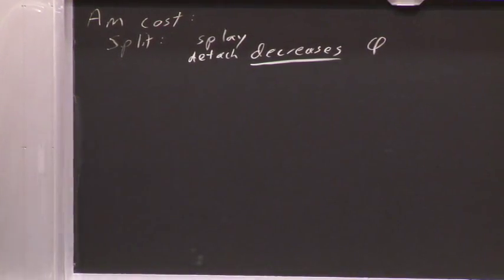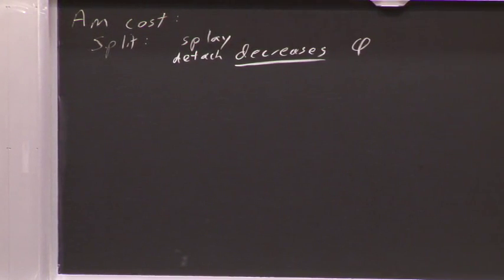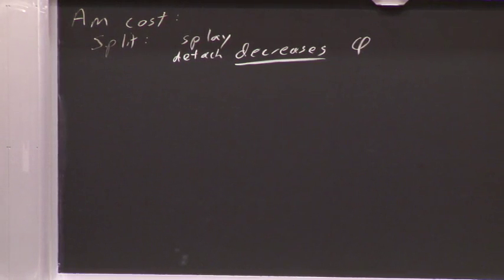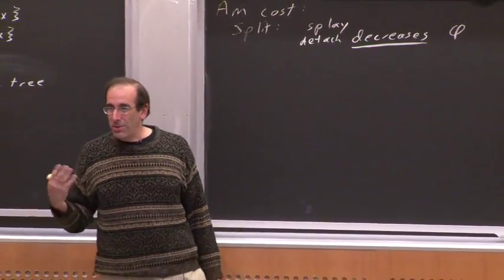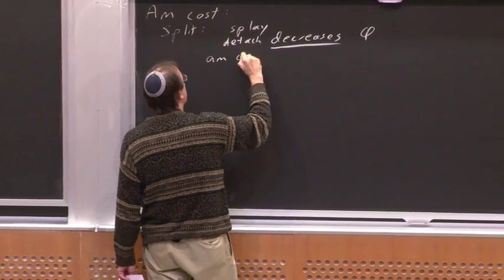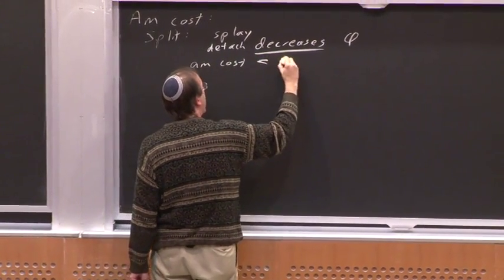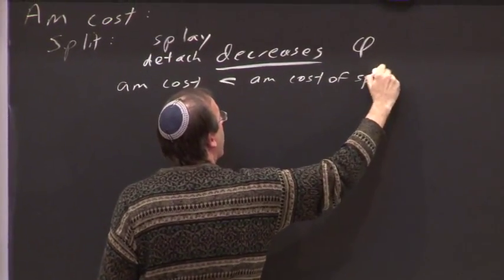Now, if you're lowering the potential, what is that doing to the amortized cost? It lowers the amortized cost, right? If the potential goes down, then you're actually getting some work that you can charge your real work to. So the amortized cost of a split is less than the amortized cost of a splay.